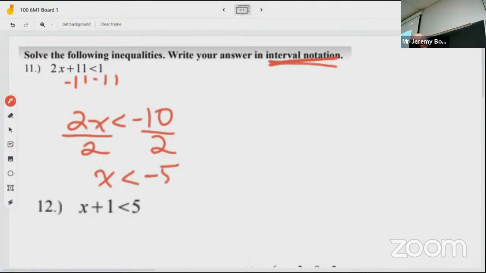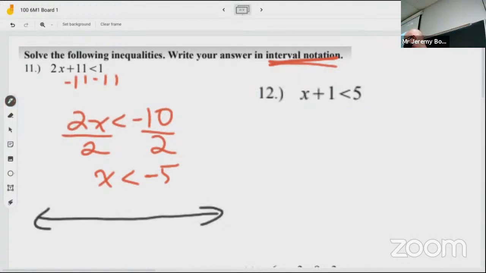Questions on finding the solution? All right, how do we write that in interval notation? Well, if you struggle with it at all, remember, you should trust the number line. We got -5. Since it's less than -5, we know it is to the left of -5, and it's not equal to it, so we're going to put a parenthesis.